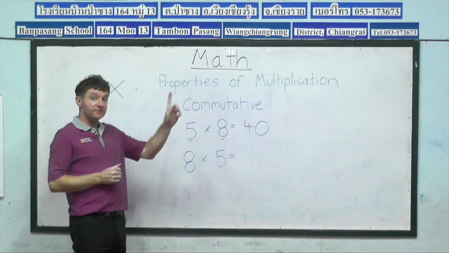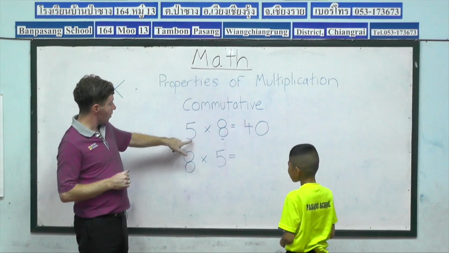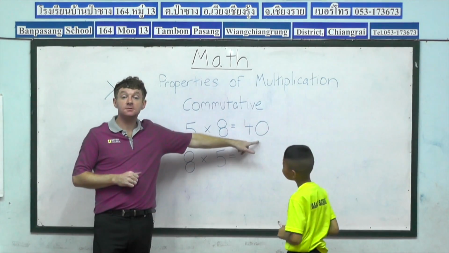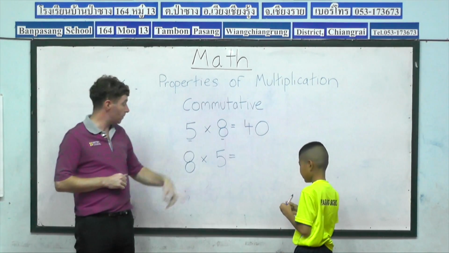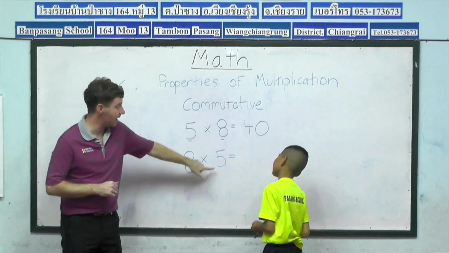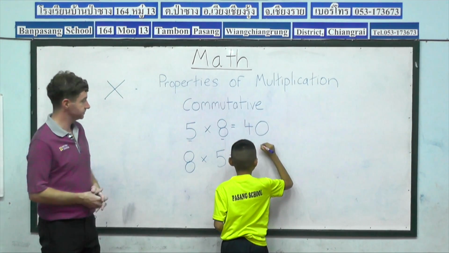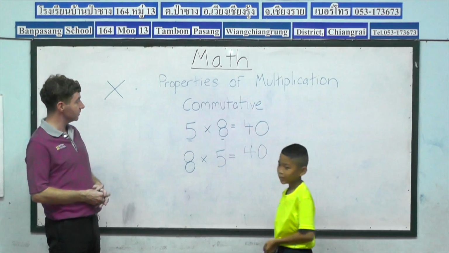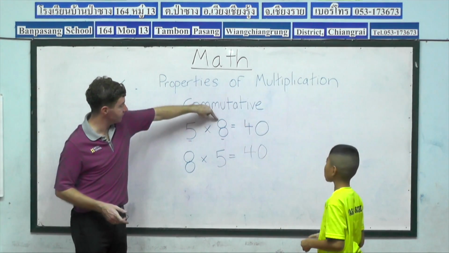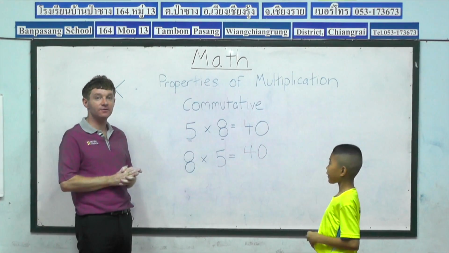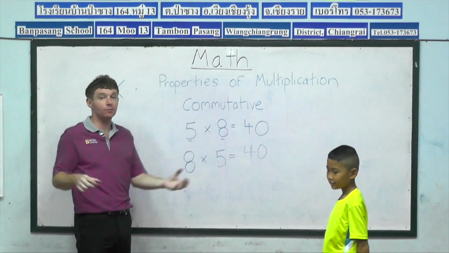So we're using the same numbers, guys. We already know 5 times 8 equals 40. So how about 8 times 5 equals 40? Excellent, Pangpon. You see, because we're using the same two numbers, 8 times 5, it doesn't matter what side we put them on.